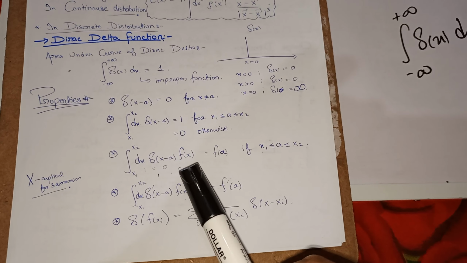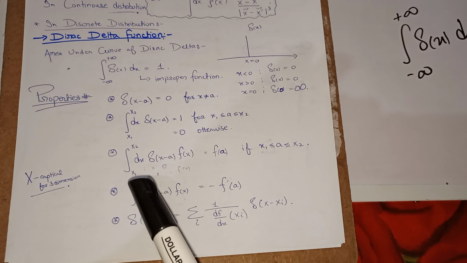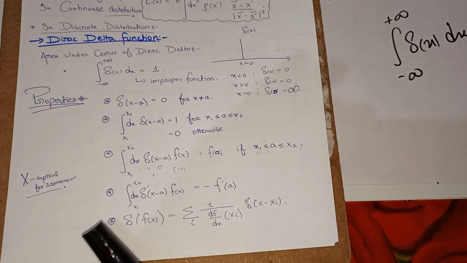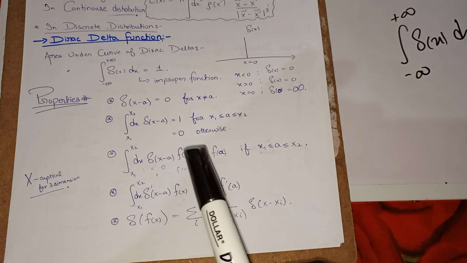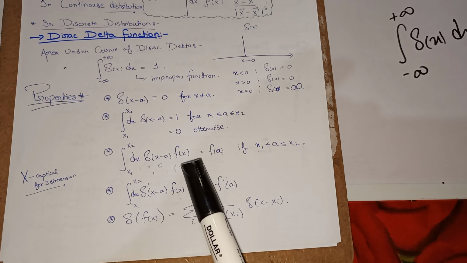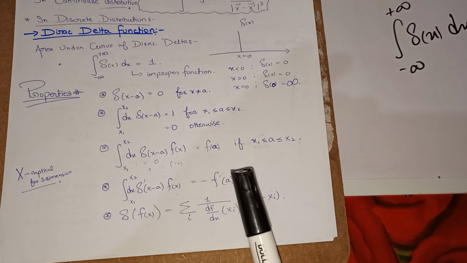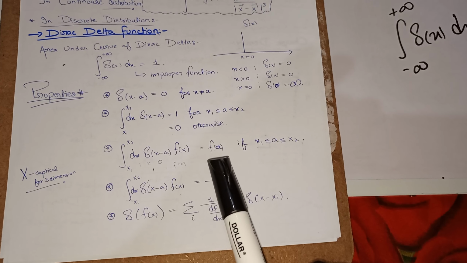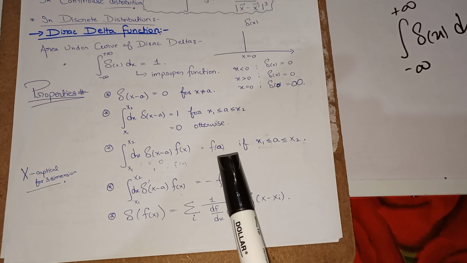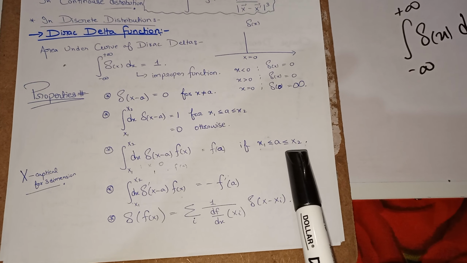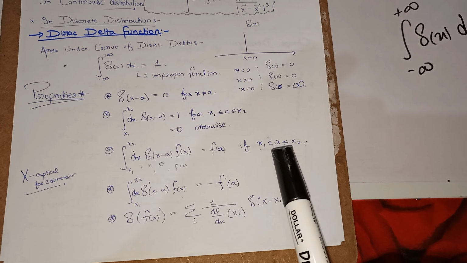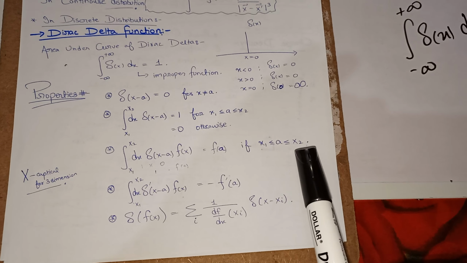Similarly, another property is that if you take the integral from x1 to x2 of the Dirac delta function and introduce another function f of x, it equals f of a, where x1 is smaller than or equal to a, smaller than or equal to x2.